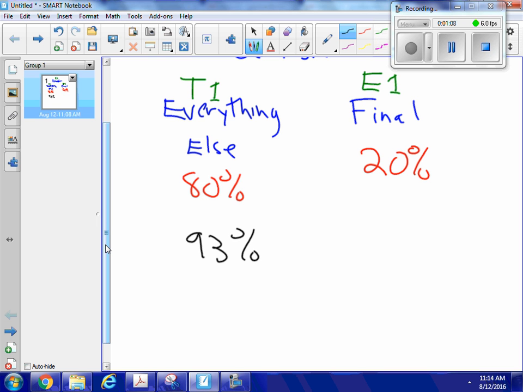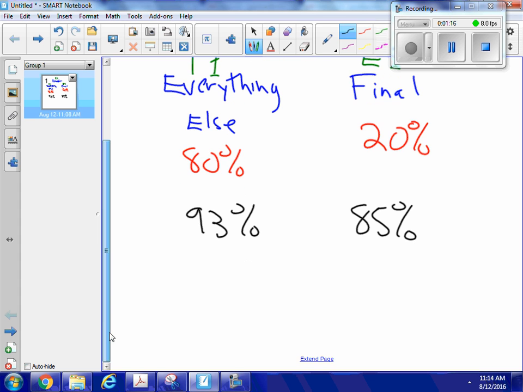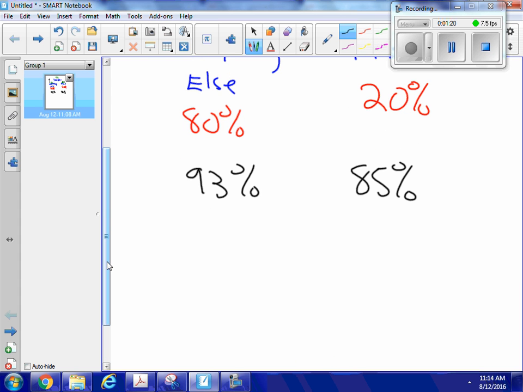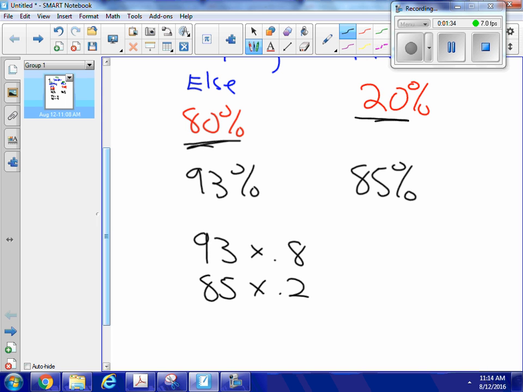And then on the final exam, you score an 85%. The way your final grade would be calculated is 93 times 0.8, that's the 80%, and 85 times 0.2, that's the 20%.